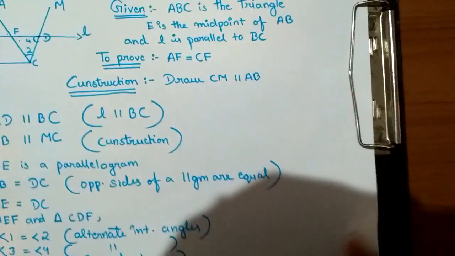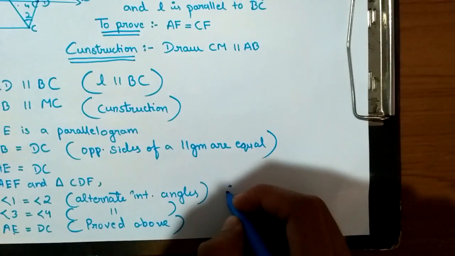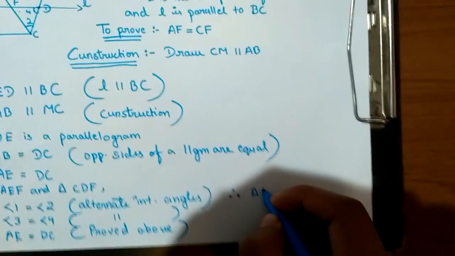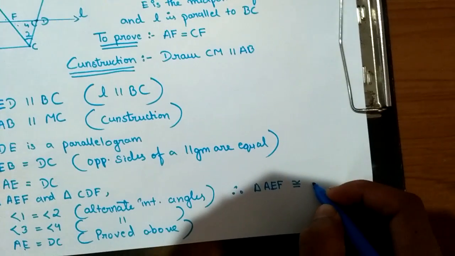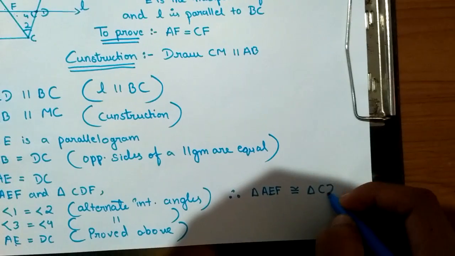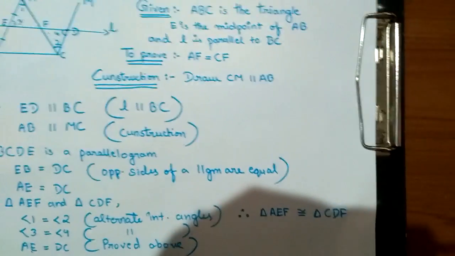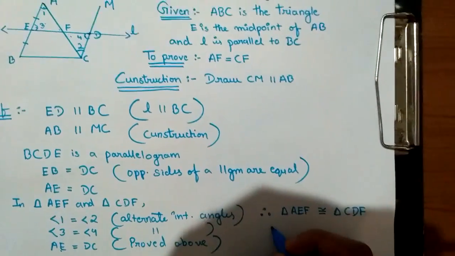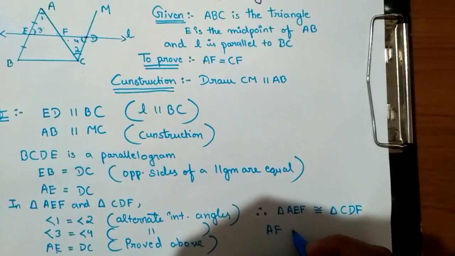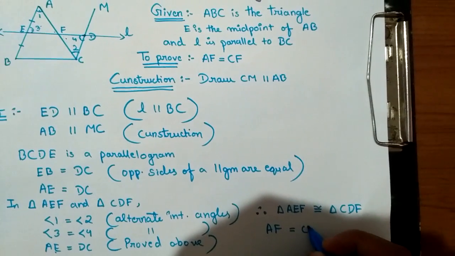And now I am telling you that therefore triangle AEF is congruent to triangle CDF. So by corresponding parts of congruent triangles we can write that AF equals CF.